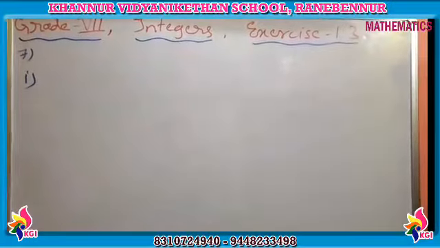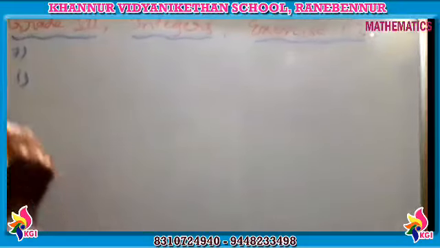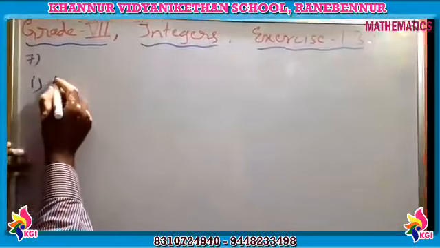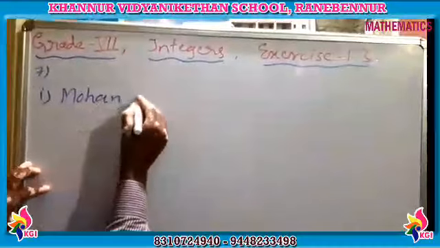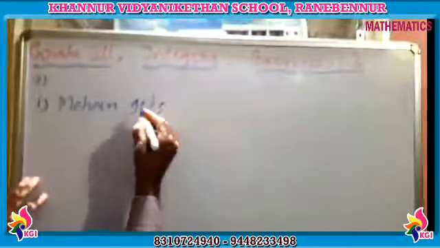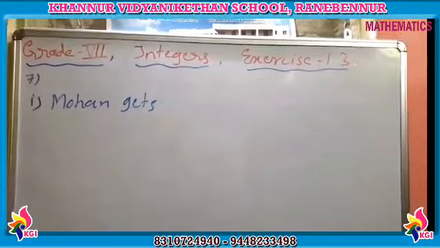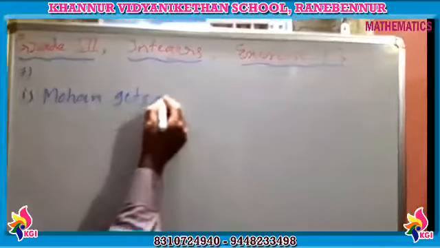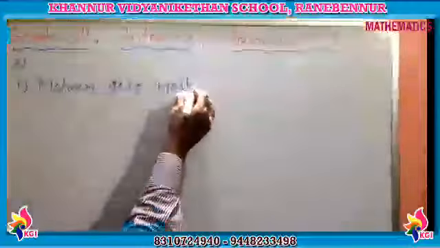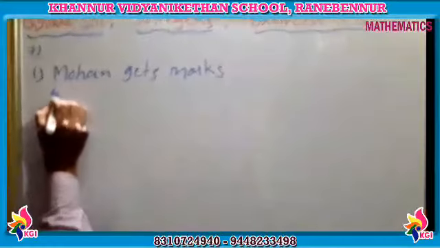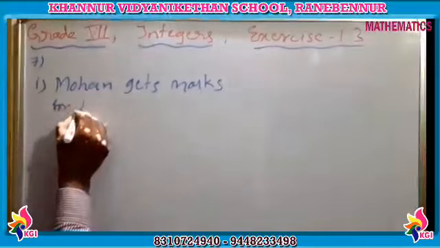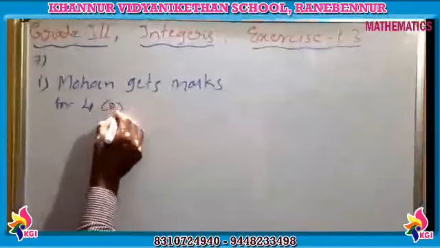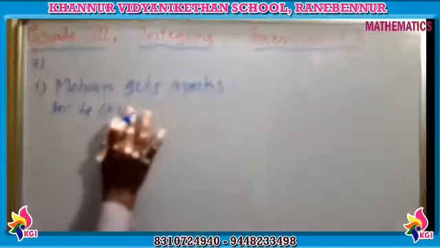What they are giving is, here Mohan gets marks for how many correct answers, we have to write now. So let me write, Mohan gets marks for how many correct answers he has given? 4 correct answers.